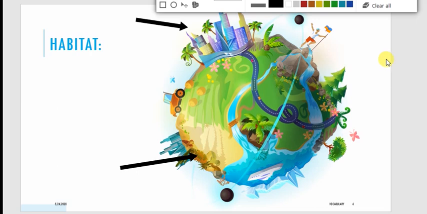And we have also the habitat for most animals, which is the forest. There is the sea, the habitat for fish. So every living creature has a natural habitat in which they can find food, they can find mates for reproduction, and they can find shelter, protection, if you want.